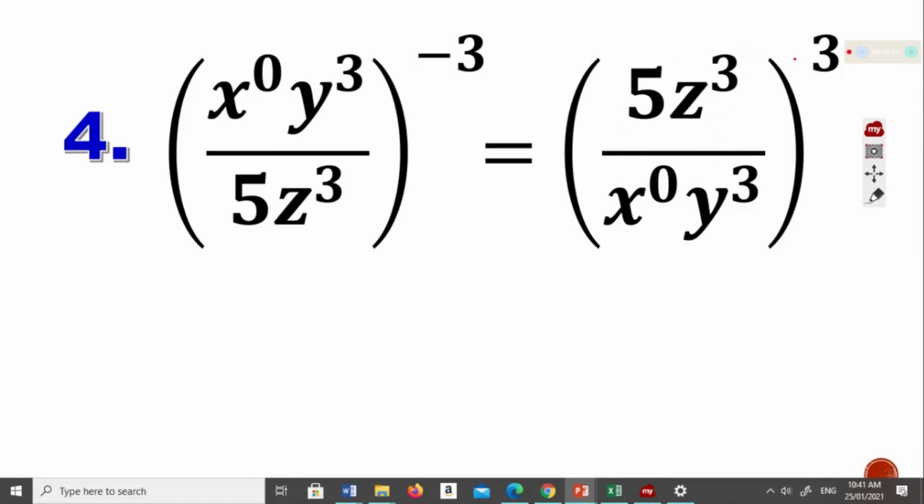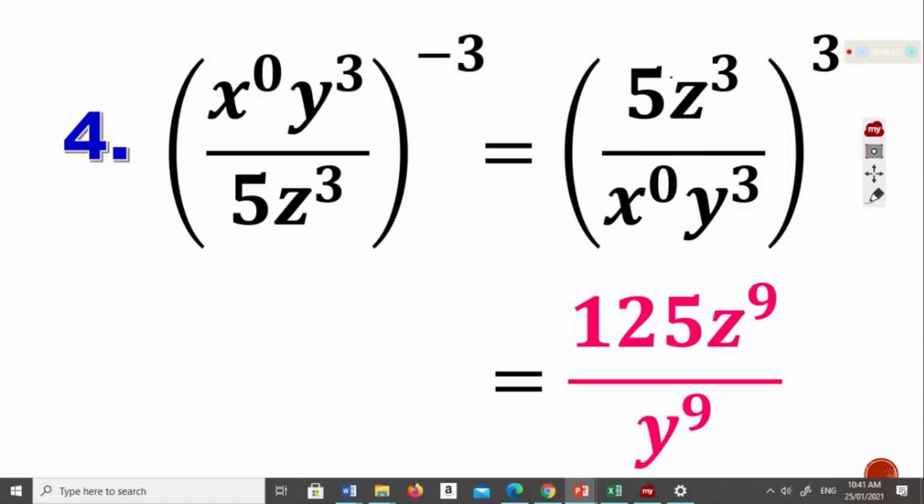Then, i-distribute na yung exponent na nasa labas doon sa bawat exponent na nasa loob. So, yung 5, ang exponent niya ay 1 times 3, so magiging 5 cube. At ang value ng 5 cube ay 125. Then, z cube raised to the third power, 3 times 3 ay 9. Over, yung x raised to 0 ay cancel dahil 1.